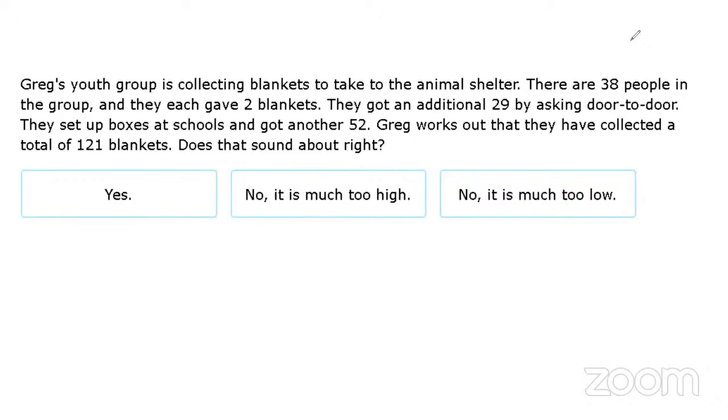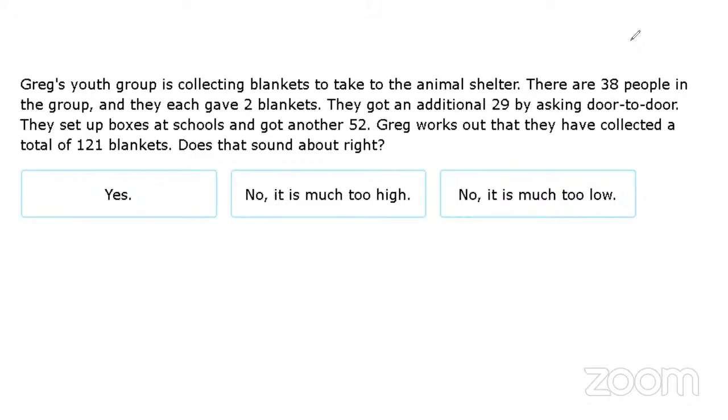Yes? No, it is much too high. No, it is much too low. What do you think? What would your answer be? All right. I see someone saying B, no, it's much too high.